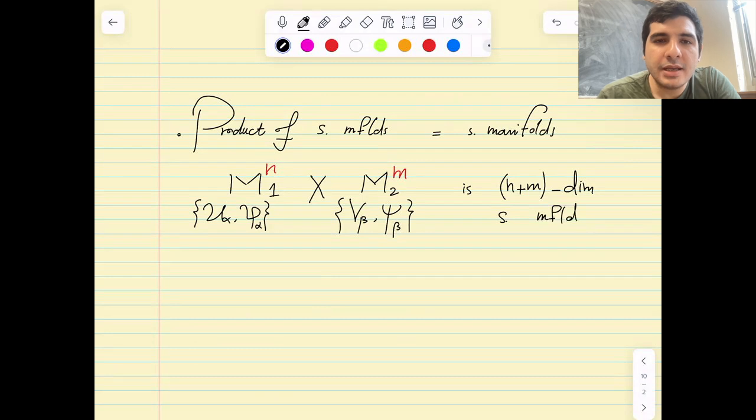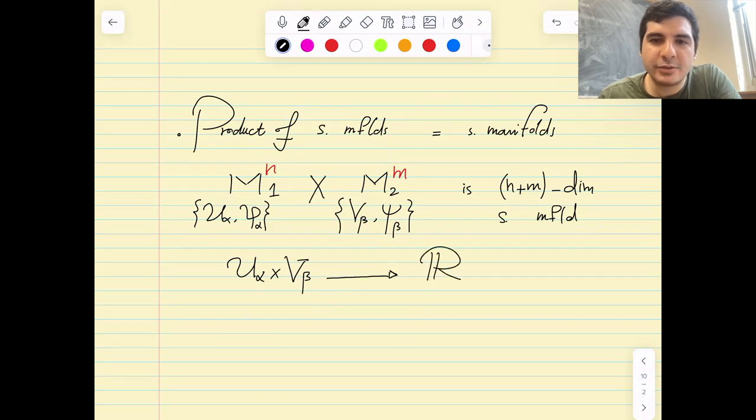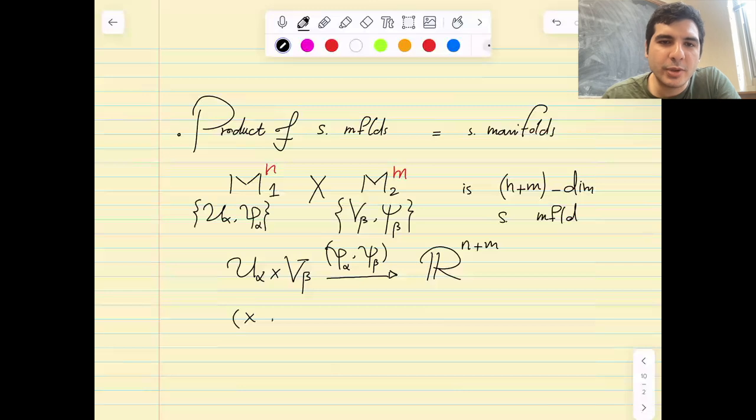How would that work? We first equip it with the product topology. So the open sets would be U alpha times V beta. And the maps we construct on these U alpha times V beta to open subsets of Rn times Rm, which is Rn plus m, are just by coupling phi alpha and psi beta. These would be the homeomorphisms to open subsets of Euclidean space.